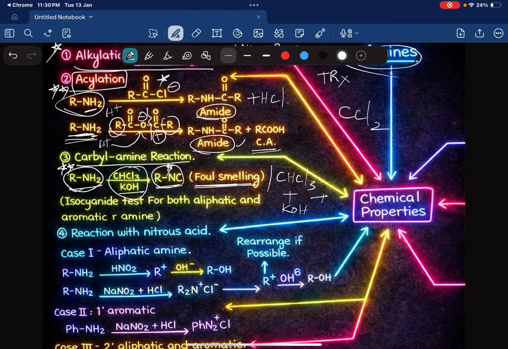CCl2 is dichlorocarbene. This dichlorocarbene is a neutral electrophile.